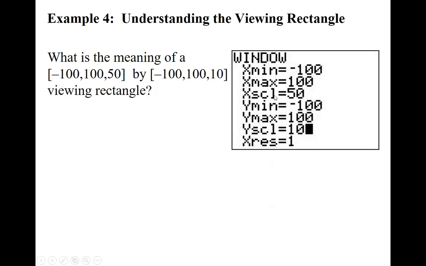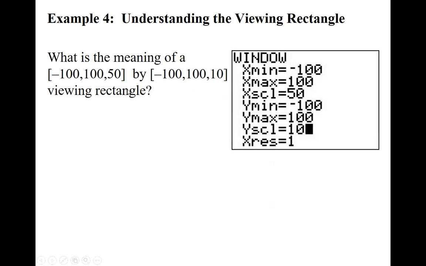And the scale is by how many we want to skip. So what are we counting on the axis? If it's a scale of 50, we'd be looking at 50 and 100, or -50 and -100. For a scale of 10, we'd be looking at 10, 20, 30, 40, 50, 60, 70, 80, 90, 100. Through -10, -20, all the way to -100. Skip counting by 10.